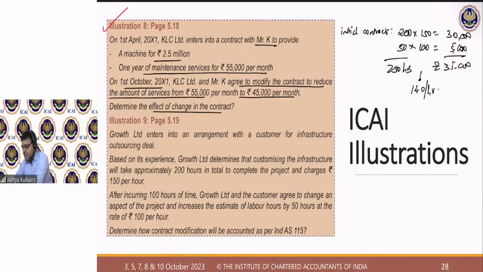Now, is this additional Form 3CEB a distinct good or service, or is it not distinct? The original contract you have entered into is compliances under direct tax laws.